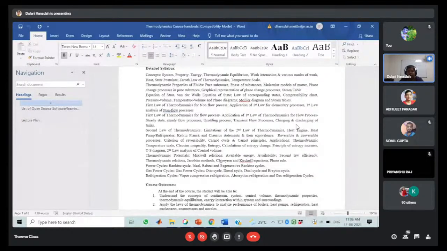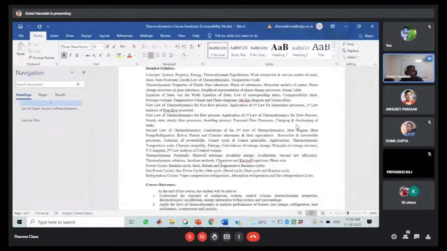Then we will have the gas power cycle. This gas power cycle is mostly related to the internal combustion engine. The working of the internal combustion engine can be discussed with the help of different cycles. Those cycles are the Otto cycle, diesel cycle, dual cycle, and Brayton cycle. Okay, so these are the cycles we will discuss.